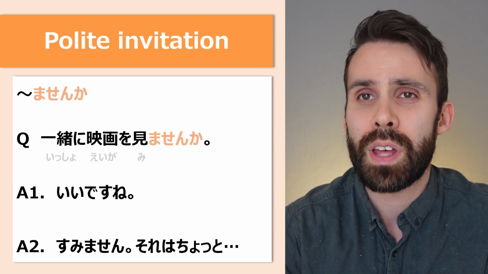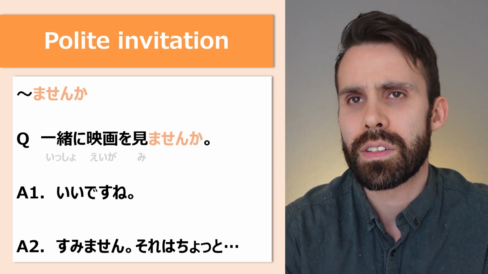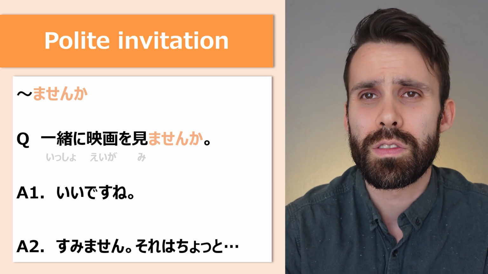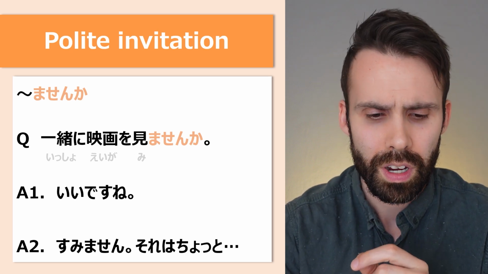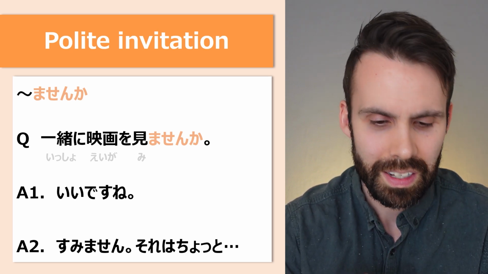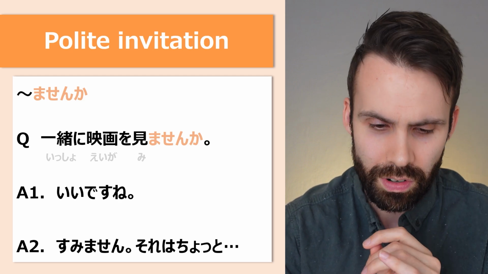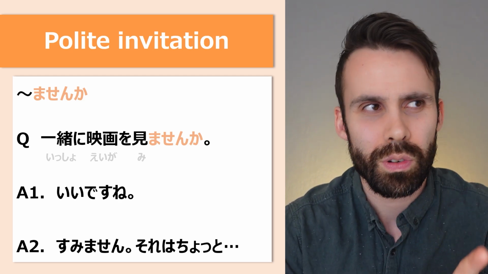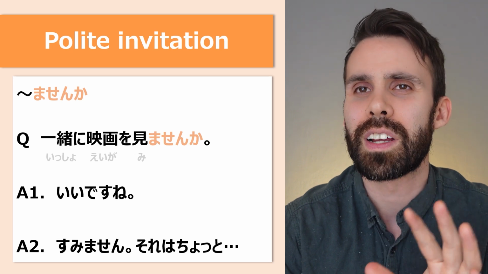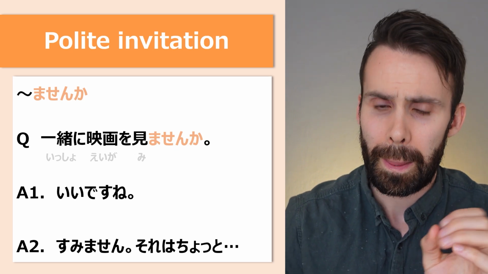And response to that could be いいですね. That sounds good. Or すいません、それはちょっと sorry, that's a bit out of my comfort zone, being the implication. So ちょっと being the sort of polite way of declining an offer.